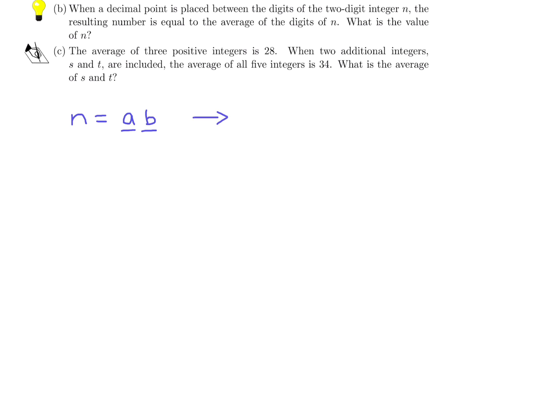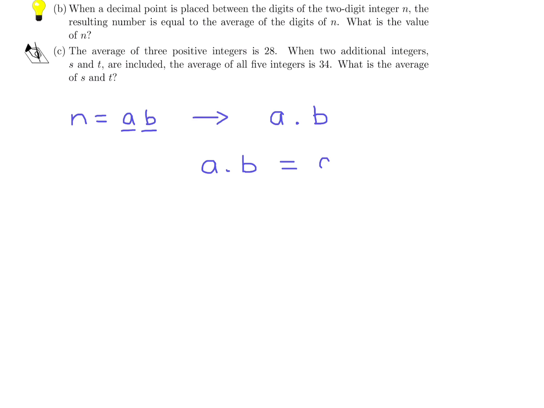And let's try to understand what they're saying. They're taking a decimal point and putting it in between. So they're doing this: A dot B, a decimal. And then they're saying that when you do that, the resulting number, which is A dot B, is equal to the average of the digits of n.